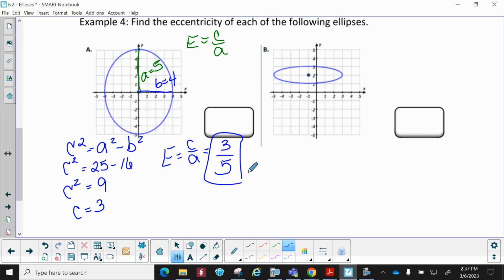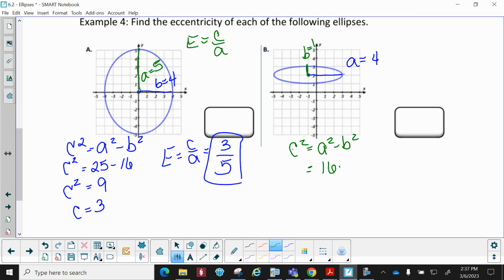Okay, if I look over here, we know that A is equal to 1, 2, 3, 4. A is equal to 4. B is equal to 1. C squared is equal to A squared minus B squared.